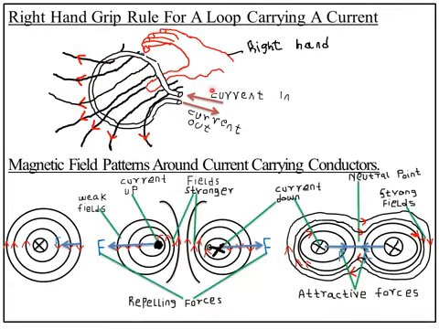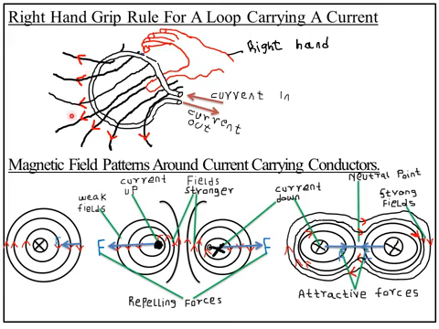Then next we look at the right hand grip rule, but for a loop carrying a current. A loop is just a circular arrangement of magnetic field lines, as if you have grasped them.